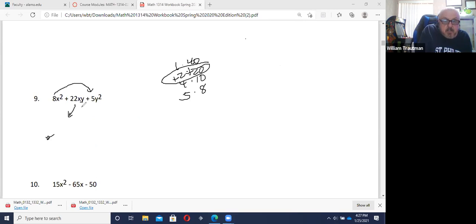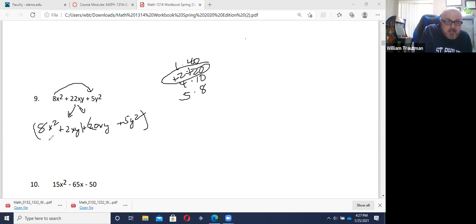We split the middle for plus 2xy plus 20xy plus 5y squared and 8x squared. Group the first two, group the second two. A 2x factors out of here.